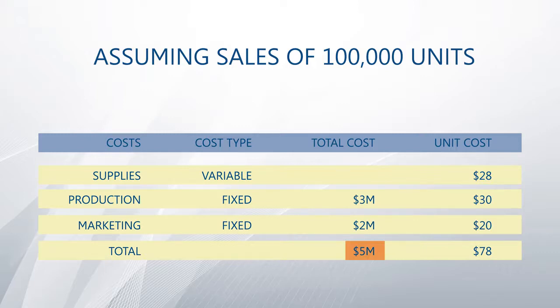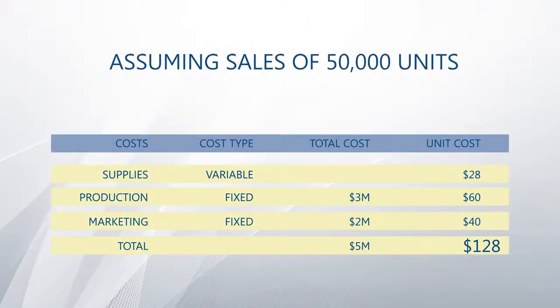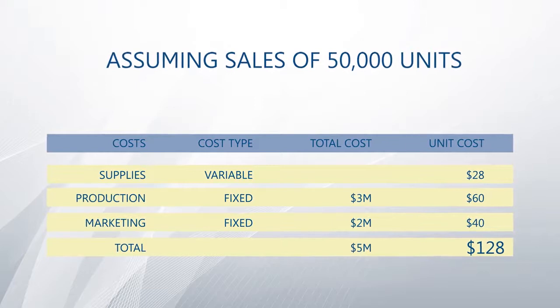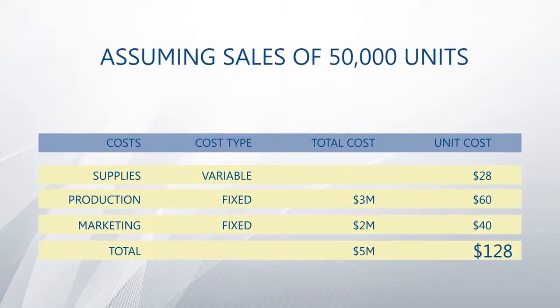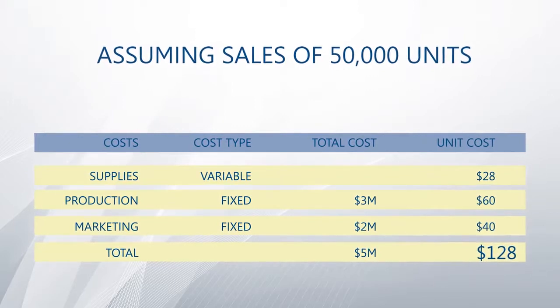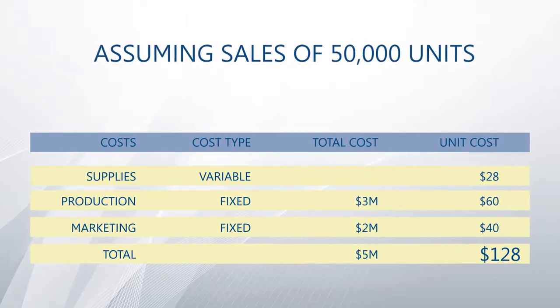In order to arrive at that number, we also assumed that we're going to sell a total of 100,000 units, or 100,000 printers. How would the cost per printer, and hence the price per printer, change if we were to sell only 50,000 units? The resulting price would now jump to $128, or said differently, an increase in price by more than 30%.